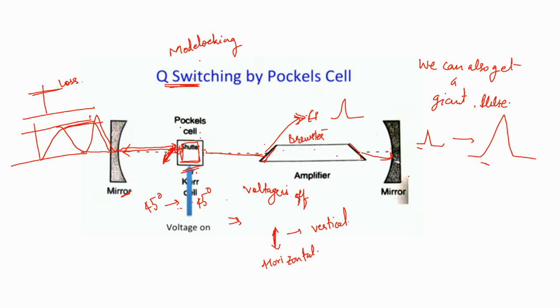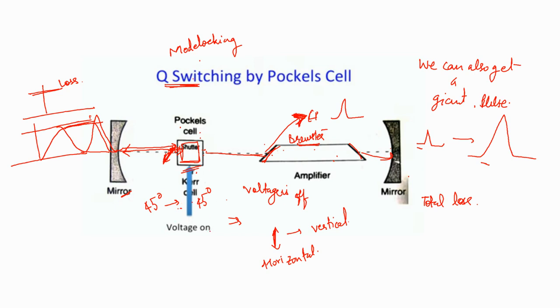The amplifier allows only light of a certain polarization angle to pass through it. Not all of it is passed. That's why, because of this Brewster angle, the light that passes through once is then again reflected out. It is refracted and does not pass through the amplifier. So this is the case of total loss.